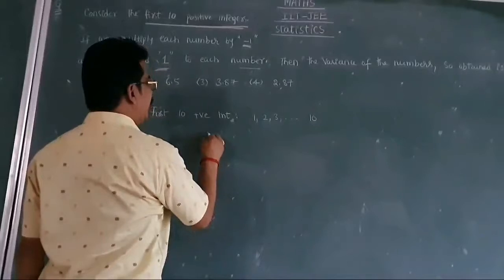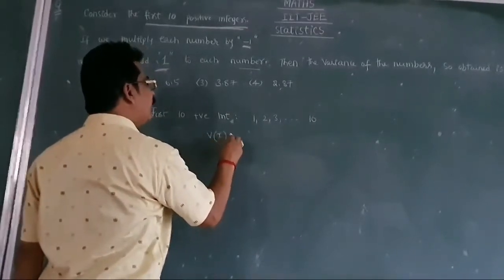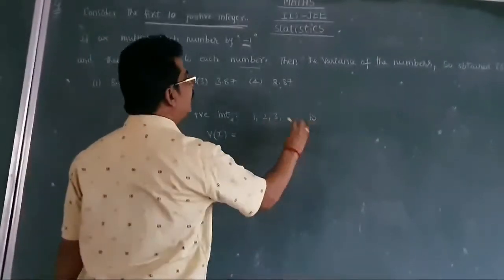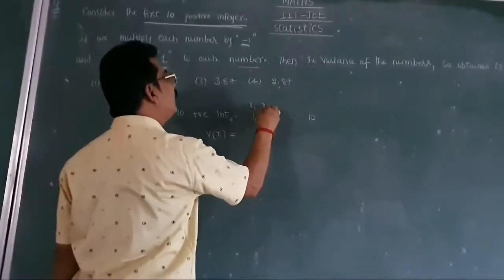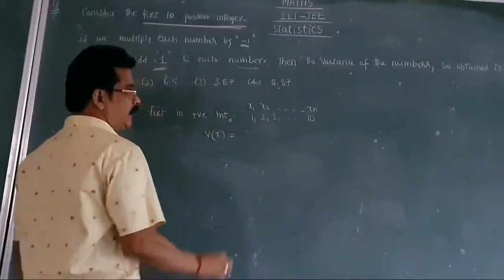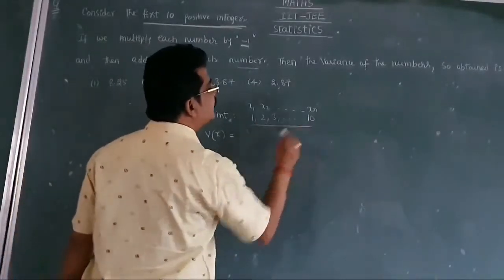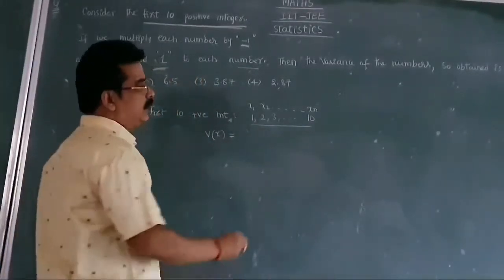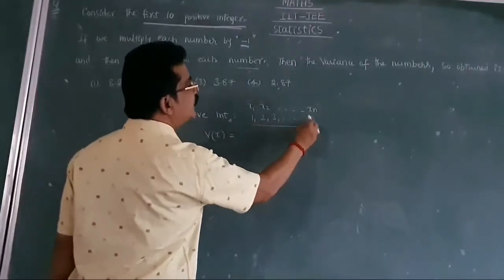First I shall find the variance of x. This is x1, this is x2, and so on, xn.